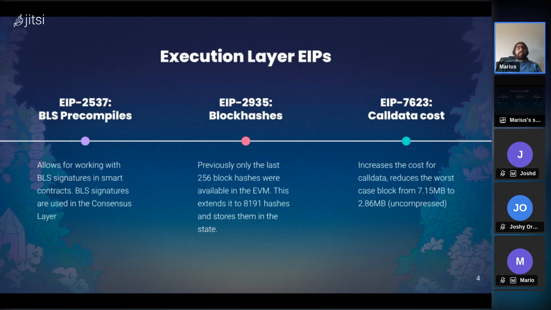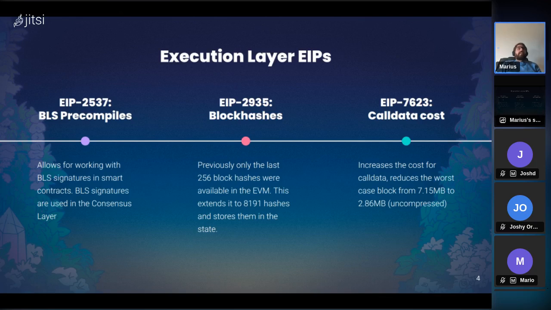And this call data was used, for example, by L2s before 4844 in order to post data onto L1. But there are two problems with this. It kind of blows up the history.